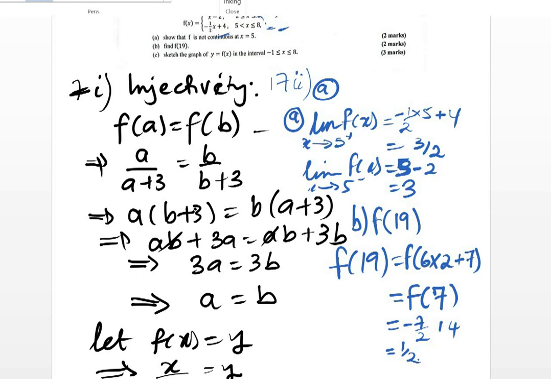Now, having done that, we are asked to sketch the graph of y equal to f of x in the interval negative 1 less than or equal to x less than or equal to 1.